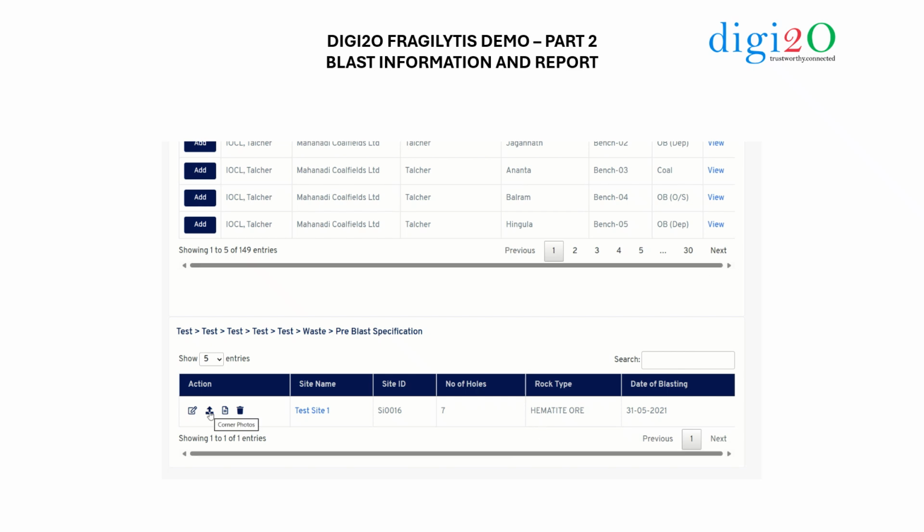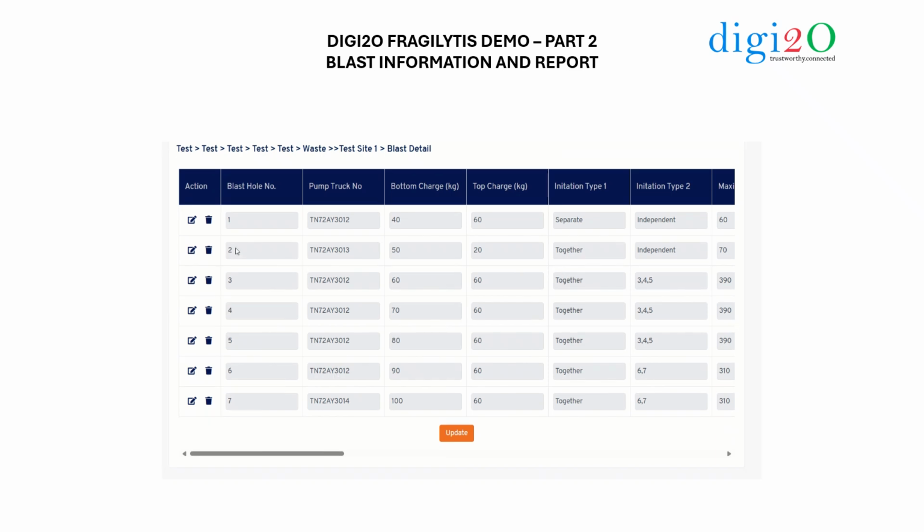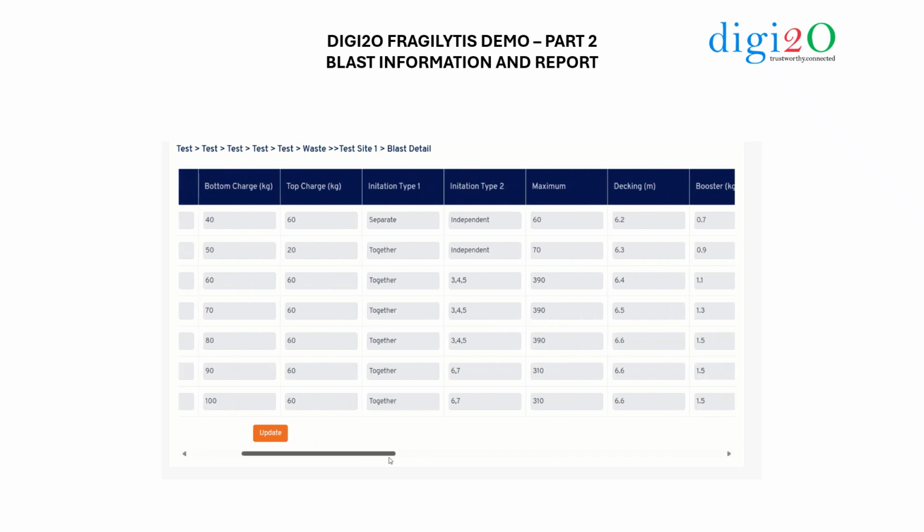As you will see, there is view blast detail. If you click on this, you see all of these details: the hole number, the pump truck number which came in, the bottom charge, the top charge, the initiation type 1 and 2.